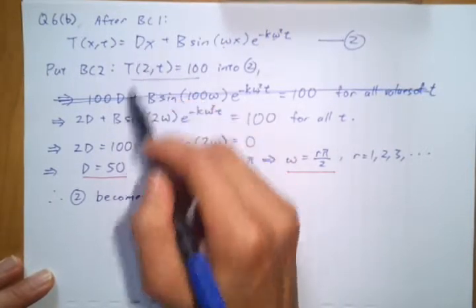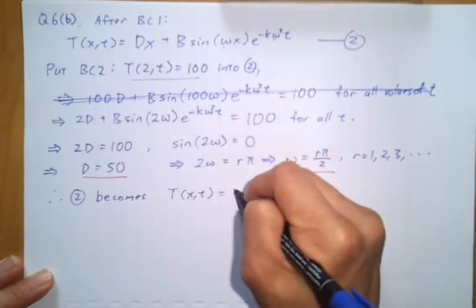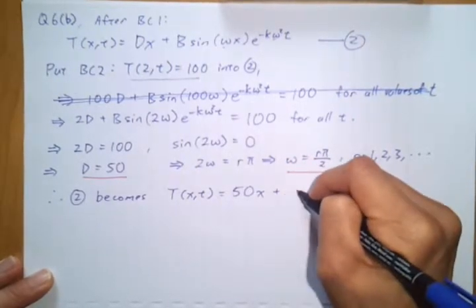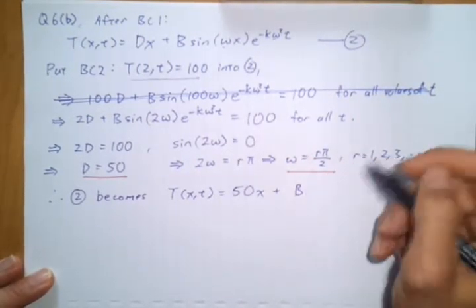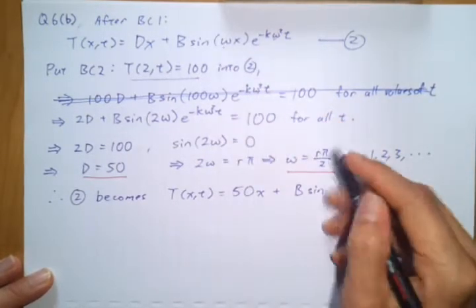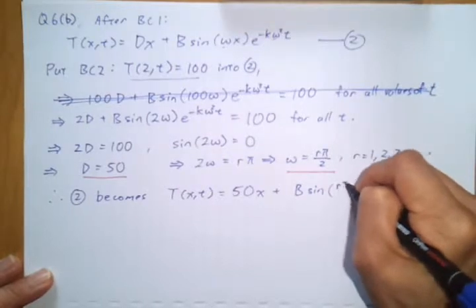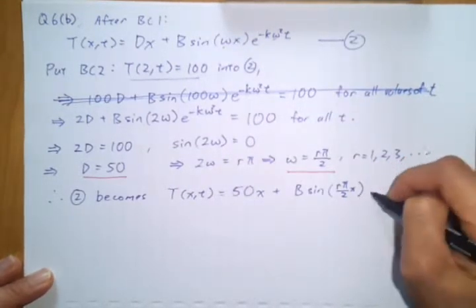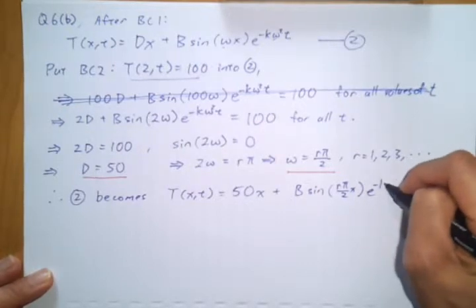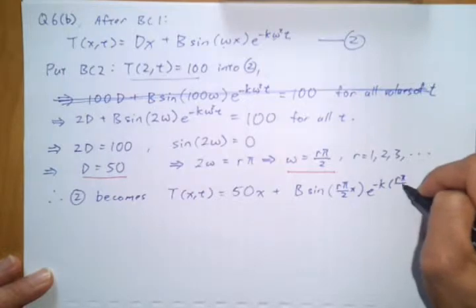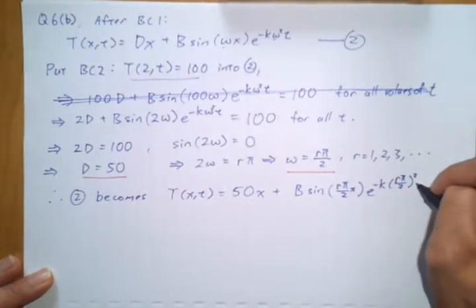So d is 50 plus b sine r pi over 2 times x, e to the power minus k, r pi over 2 squared t.